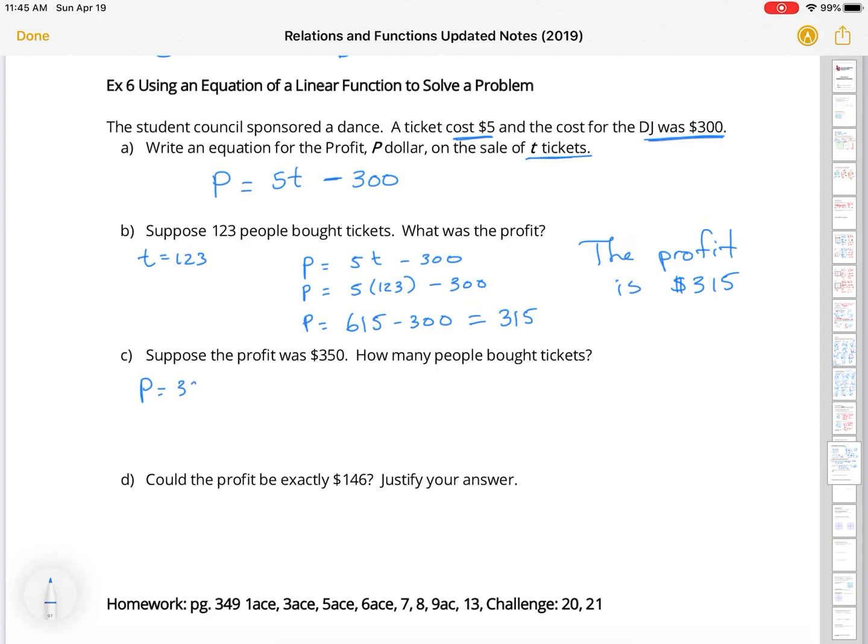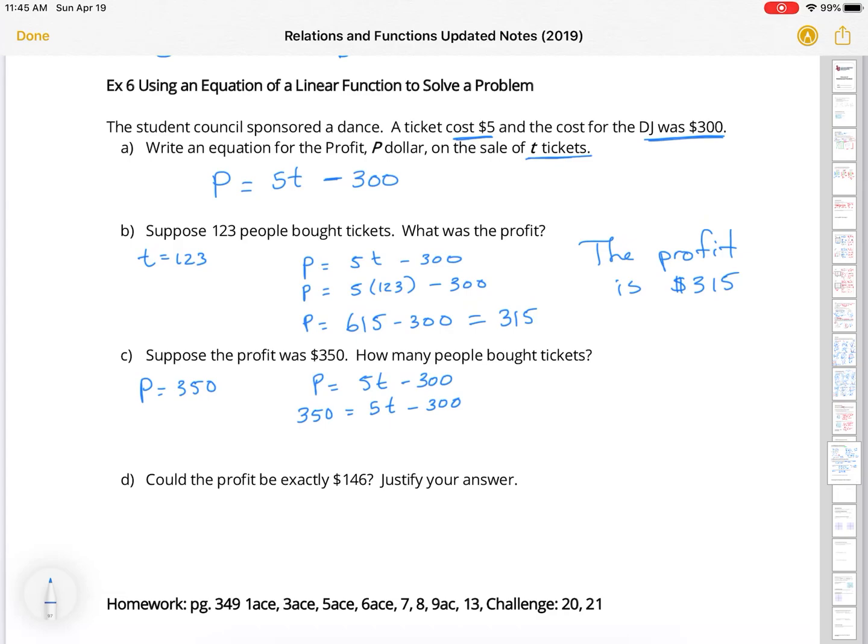Okay, now here's a different way to approach this. Suppose the profit was $350. How many people bought tickets? So in this case, we don't know the number of tickets, and we're going to rearrange to solve. So we substitute in 350 into our equation. So we have P is equal to 5T minus 300. You'll note I like to write the equation out first. I always do. 350 is their profit, equals 5t minus 300.